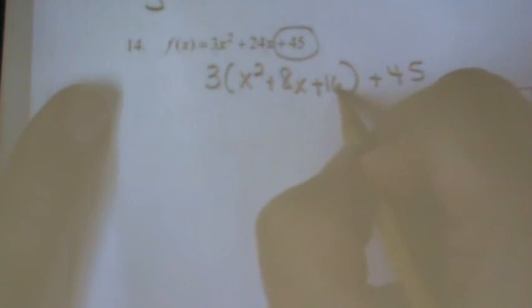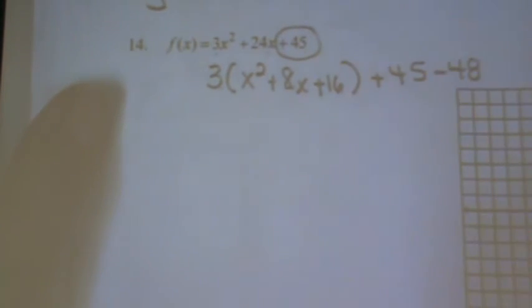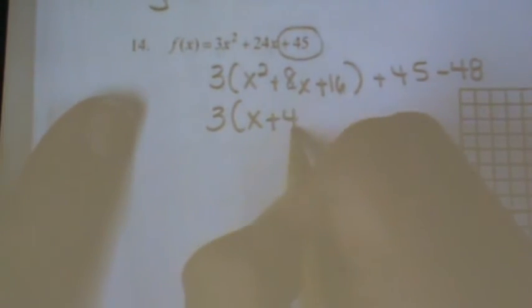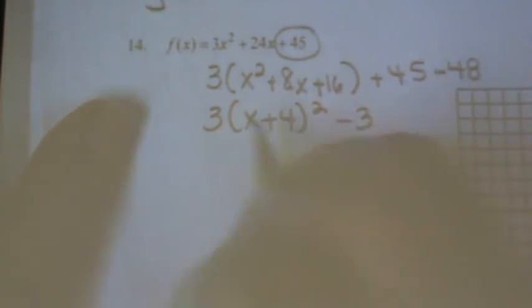Slide 45 over. Half of 8 is 4. Squaring it, you get 16. Well, 16 times 3 is 48, so you're going to subtract 48. So factor, you get (x plus 4) quantity squared, and then minus 3.